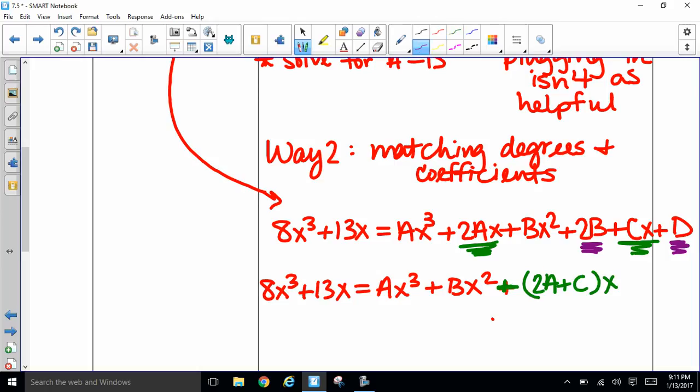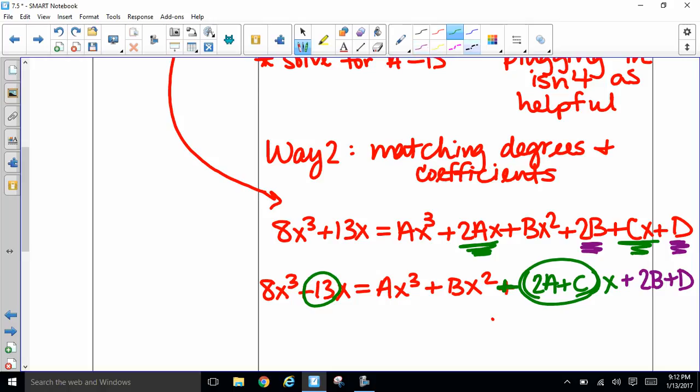And then I have plus the 2b plus d. Okay, so the 2a plus c is going to get matched up with the 13. Then everything else gets matched up, but sometimes it gets matched up with zeros.